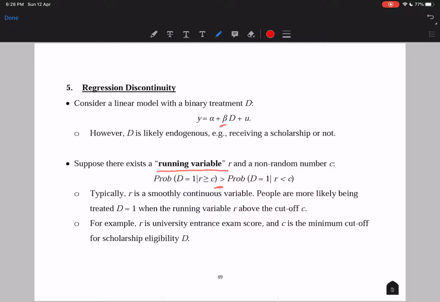Typically, the random variable is a smoothly continuous variable, and people are more likely to be treated when the random variable is above the cutoff. Right? For example, R could be the SAT score, and C is the minimum cutoff for the scholarship. Okay.